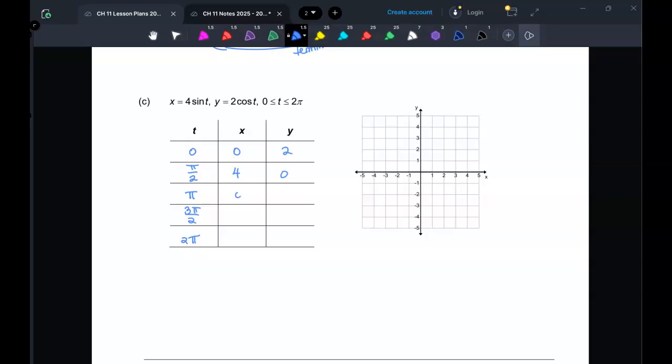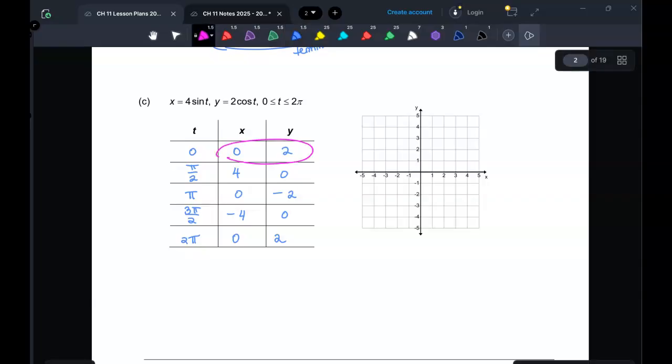At pi, we get 0 and negative 2. At 3 pi over 2, we get negative 4 and 0. And at 2 pi, we get 0 and 2.